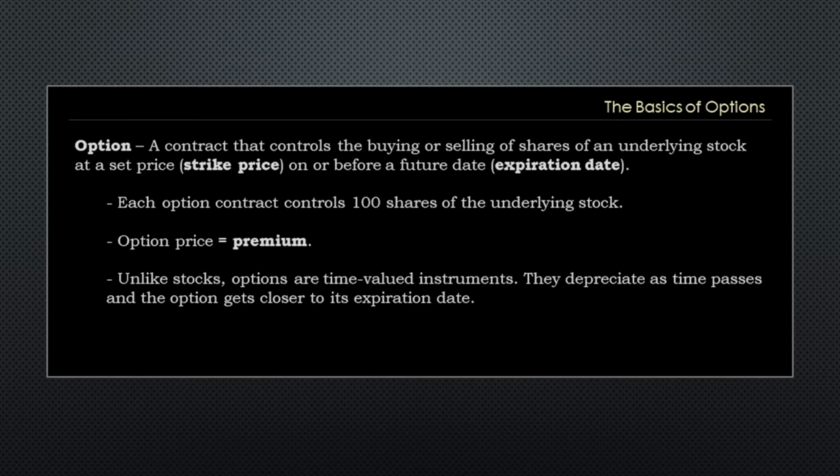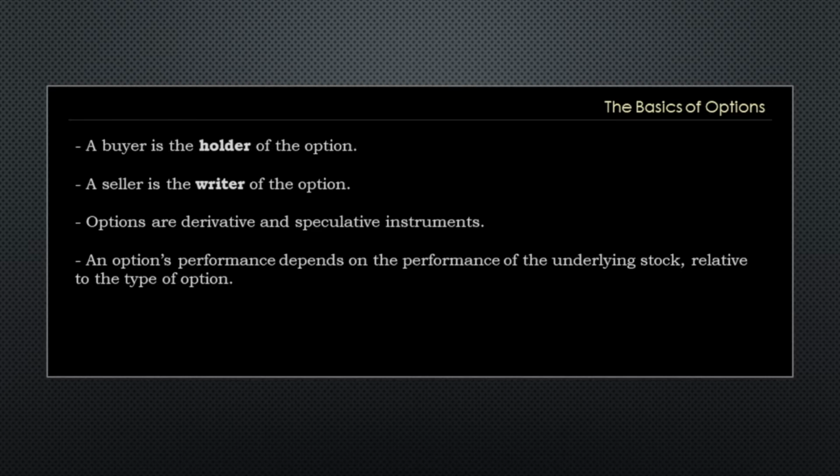Unlike stocks, options are time-valued instruments. They depreciate as time passes and the option gets closer to its expiration date. In every options trade, there is a buyer and a seller. The buyer of an option is called the holder of an option, and the seller is called the writer of an option.